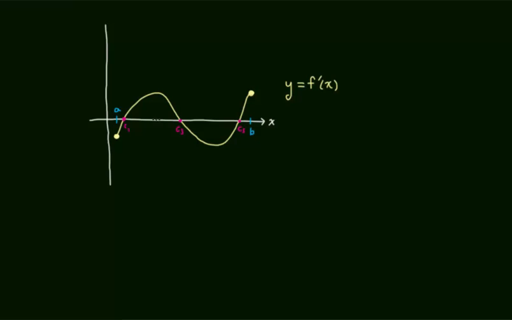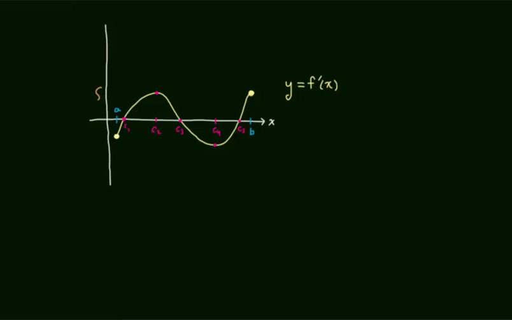The reason I'm labeling them with odd values is there are some peaks up here where we have horizontal tangents, and that horizontal tangent will occur at C2, and this horizontal tangent roughly there will occur at C4.